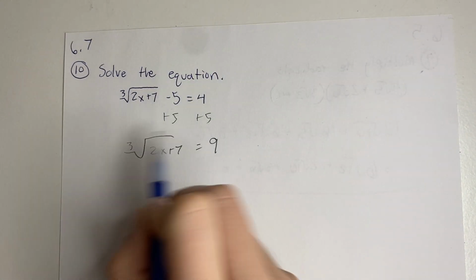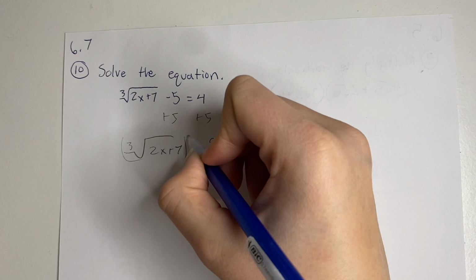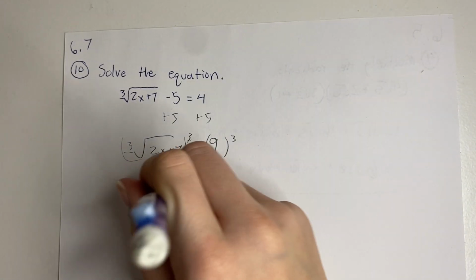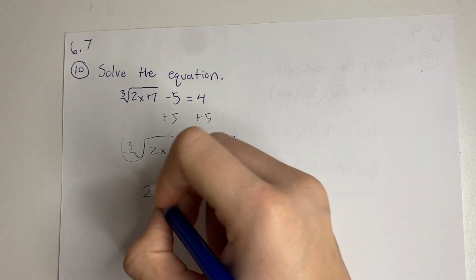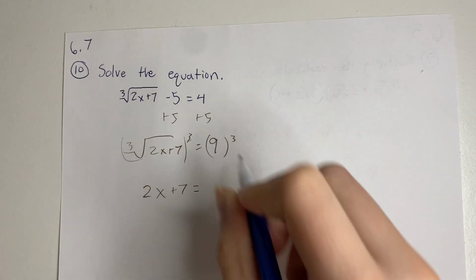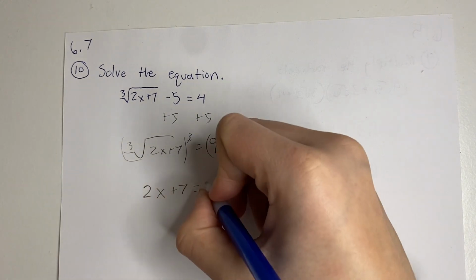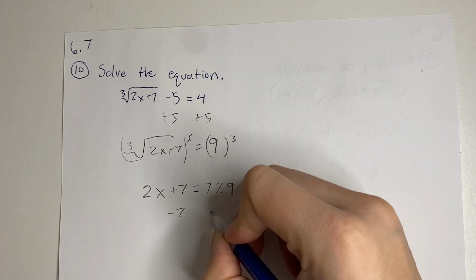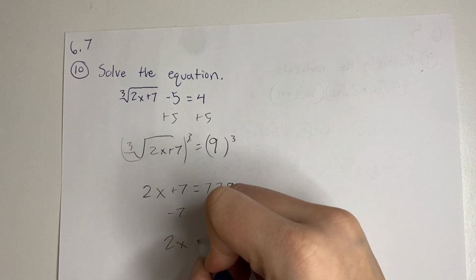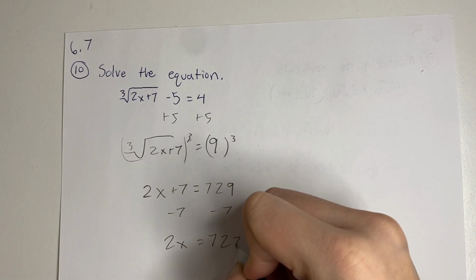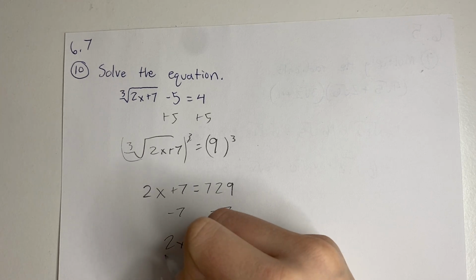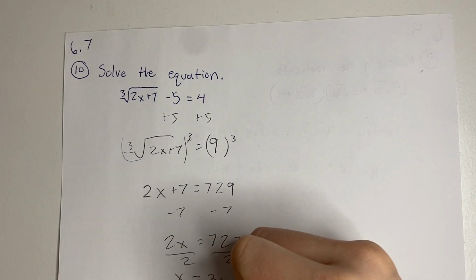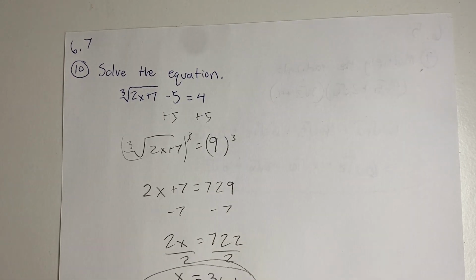And then to get rid of this radical here, you want to raise each side to the 3rd power, giving you 2x plus 7 equals 9 times 9 times 9 is 729. And then you want to subtract 7 from each side, giving you 2x equals 722. And then divide by 2. 722 divided by 2 is 361, which is your final answer.